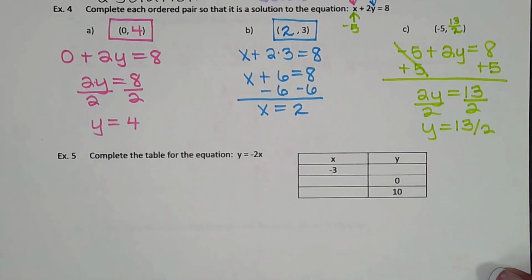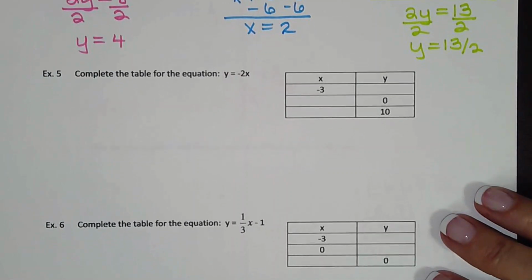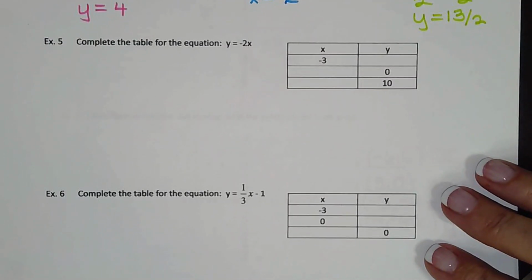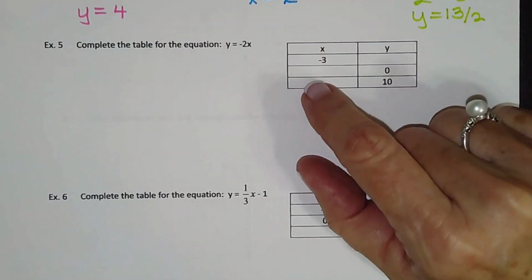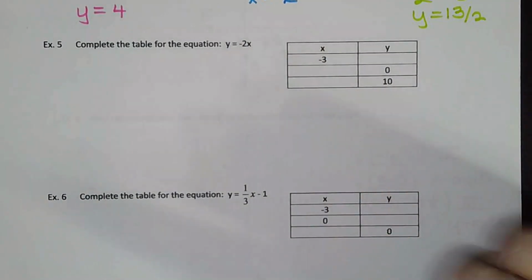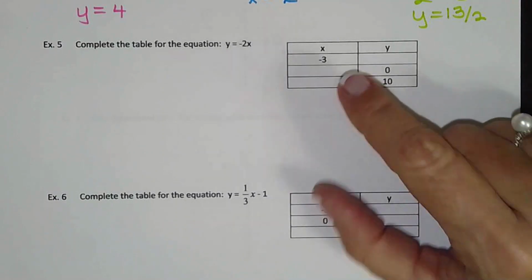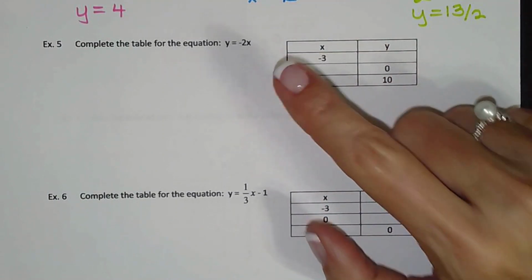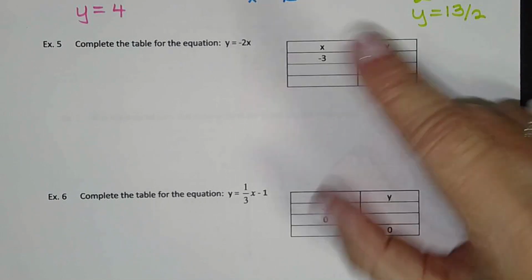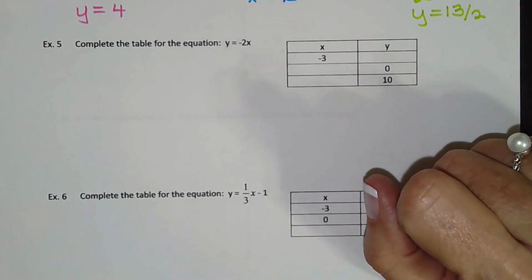Okay, the next two are exactly the same thing, except they're giving us a t-table. So on this first one, you'll put -3 in for x, find y. The next one, you'll put 0 in for y, find x. 10 in for y, find x.